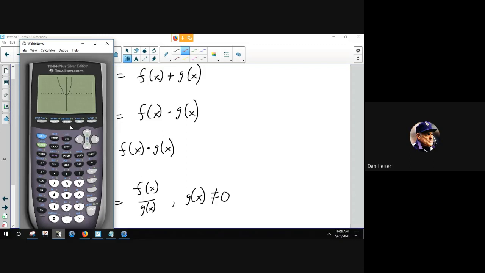And again, if I change my window, let's make Y max 20. Let's see what happens. Nope. What's my maximum value here?